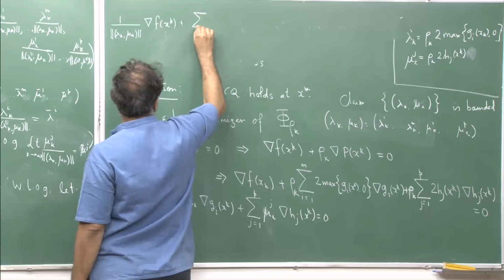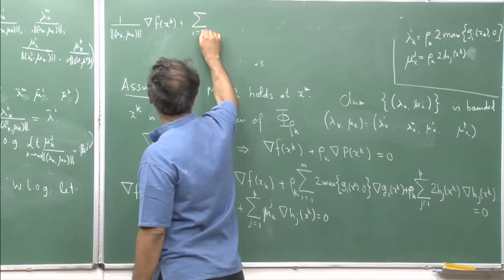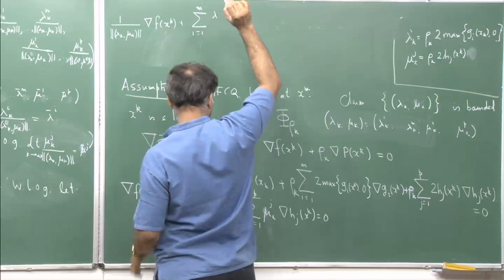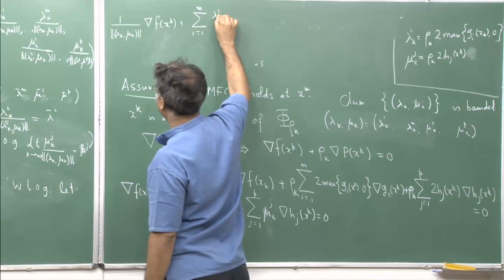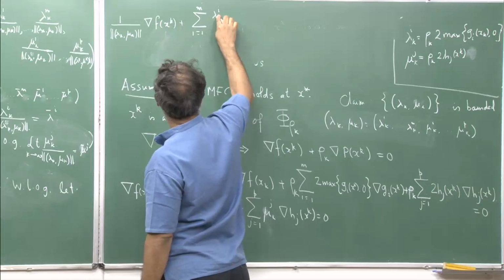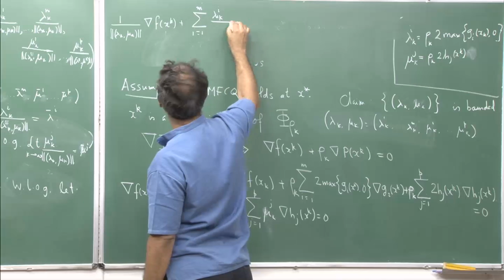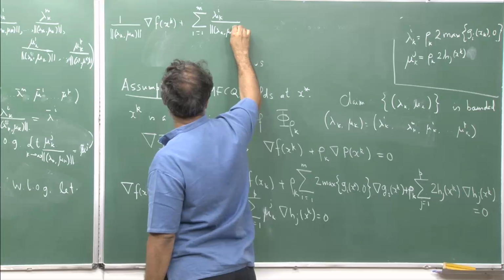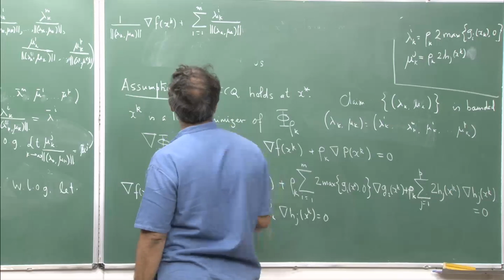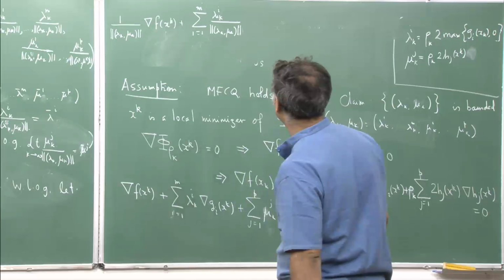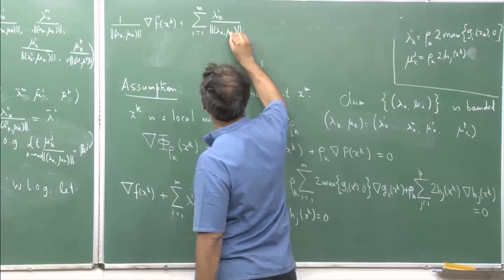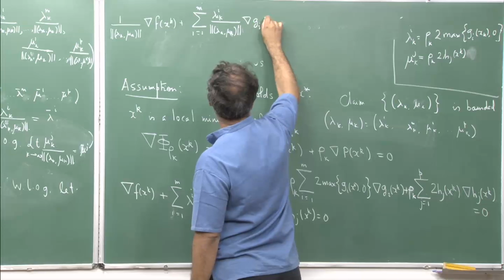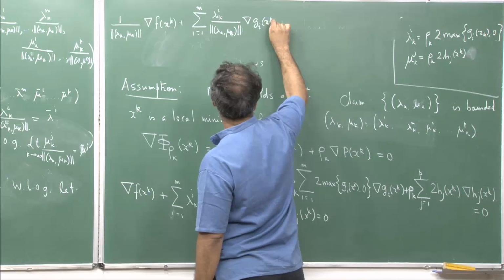plus summation I equal to 1 to m lambda I k divided by the norm of lambda k, mu k, into grad of g I x k.